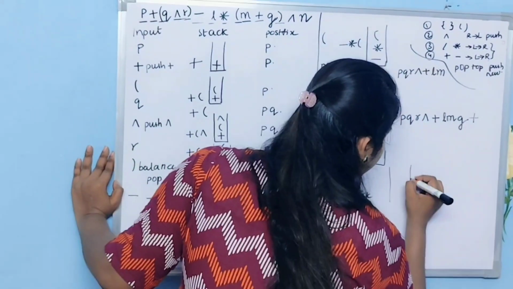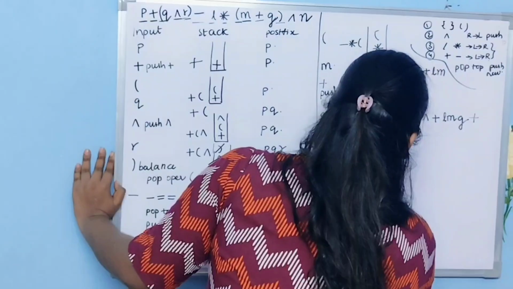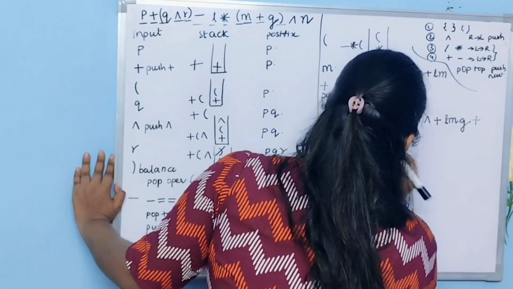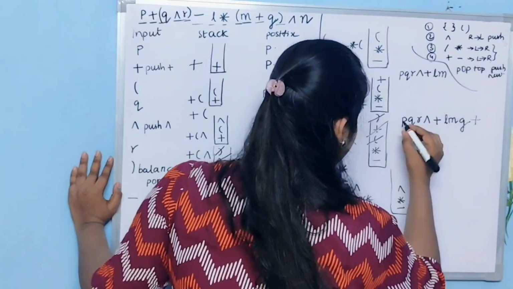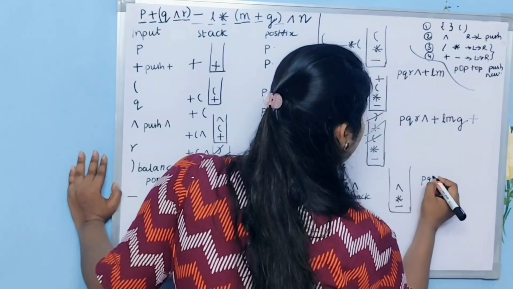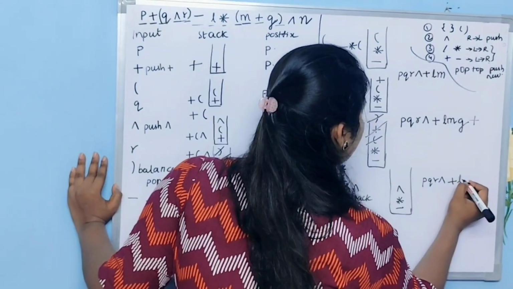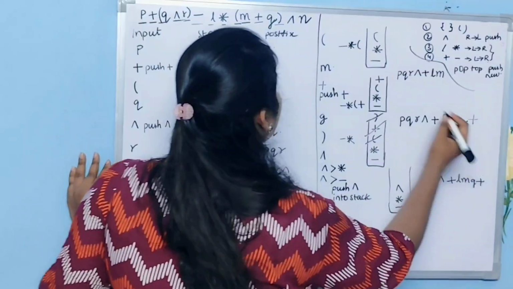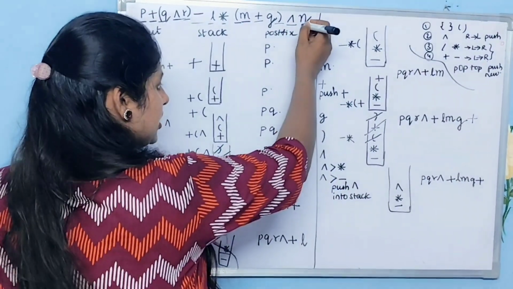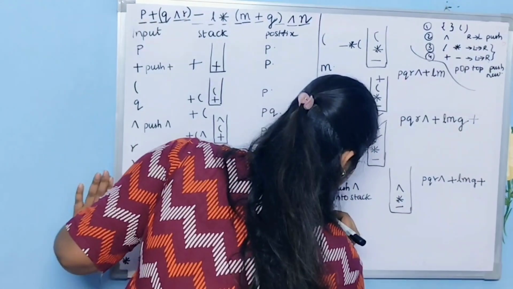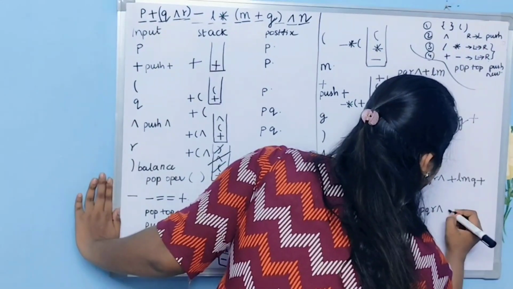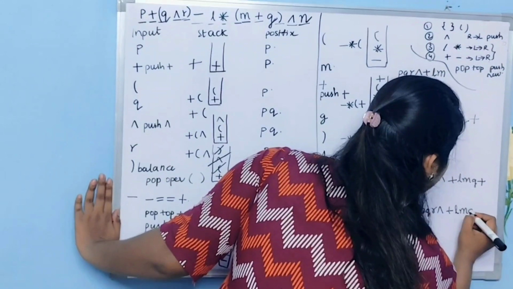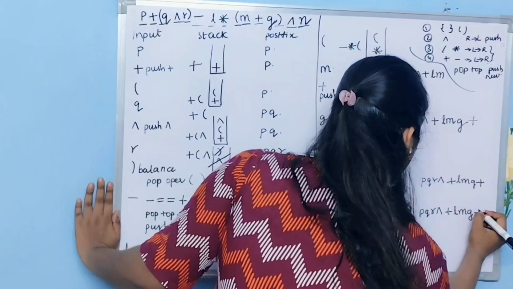So what is left? Minus, star, cap. So is there any change here? No, right? Cap is done. And you can directly add T, Q, R, cap, plus, L, M, G, plus.